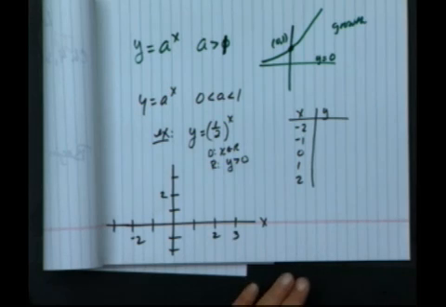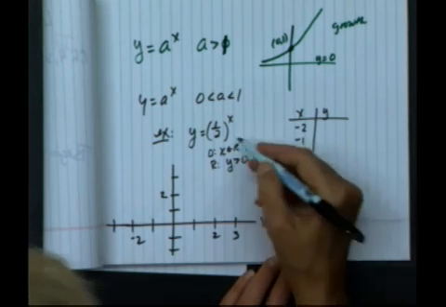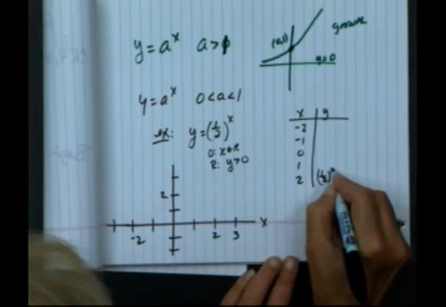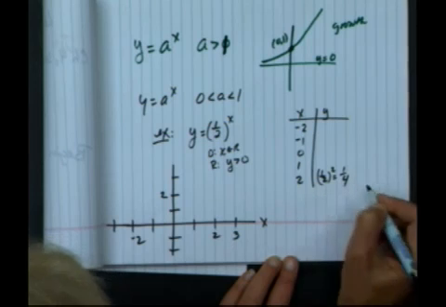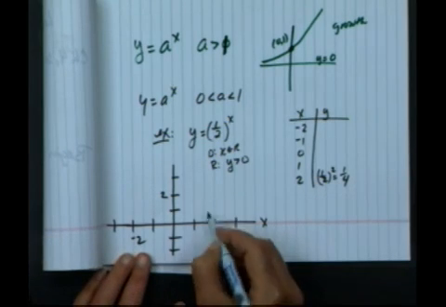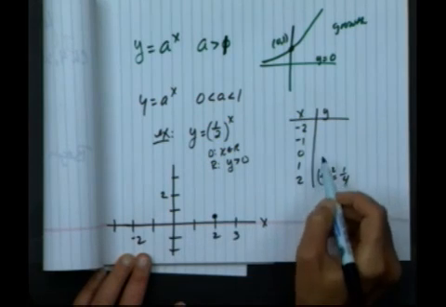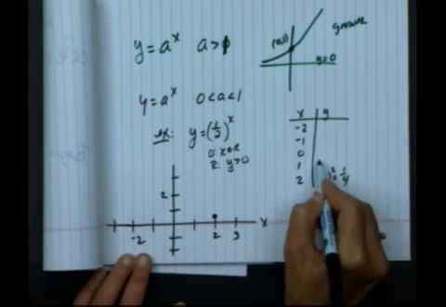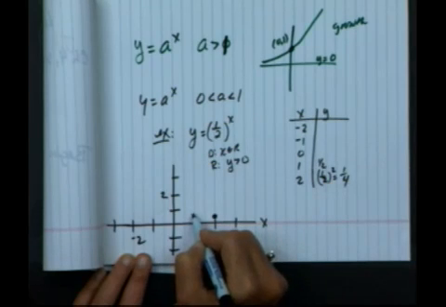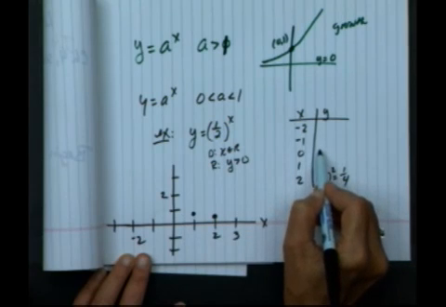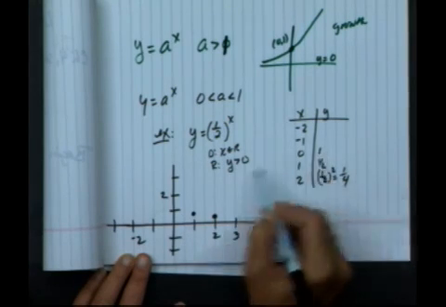All right, let's do some evaluating. Let's start with the 2. 1/2 squared is a 1/4. So we have the point 2, 1/4. 1/2 to the first is a 1/2. 1/2 to the 0 is 1.